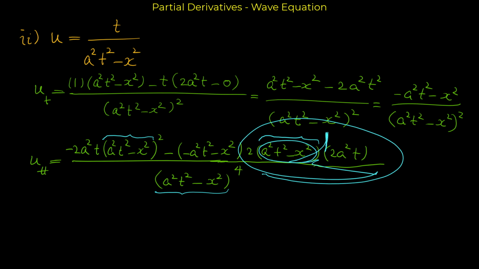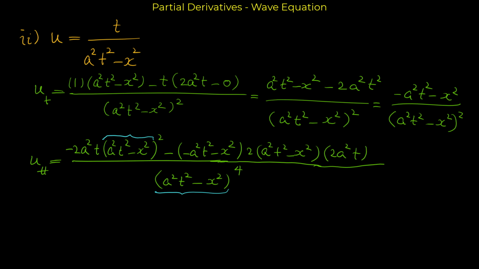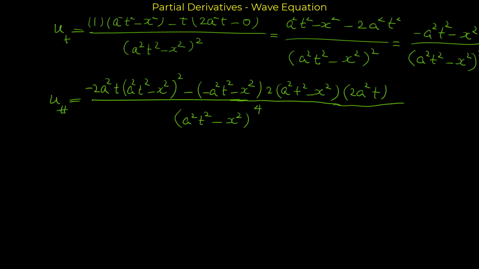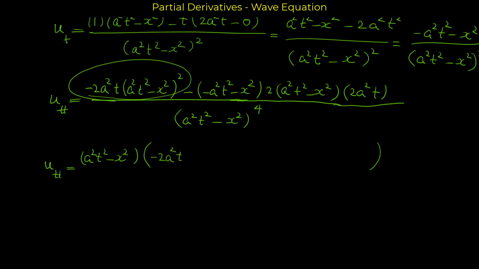So we can factor that in the numerator. So if we factor a²t² minus x² from the numerator, then what do we have? From here we have negative 2a²t times a²t² minus x².